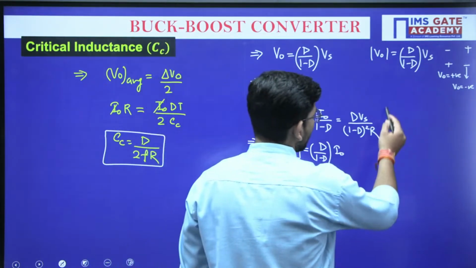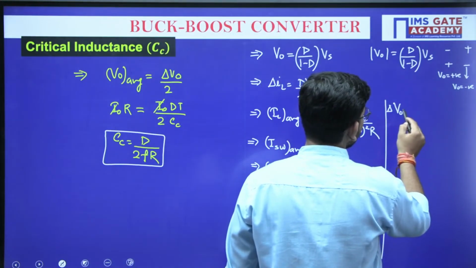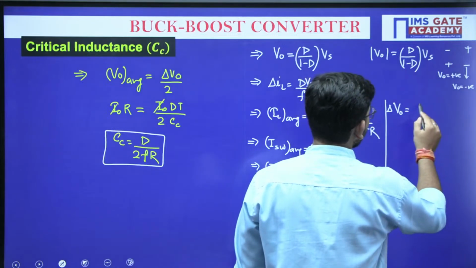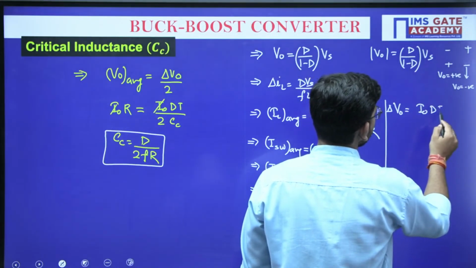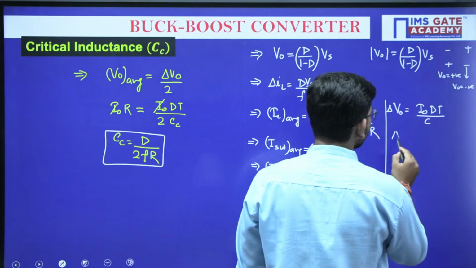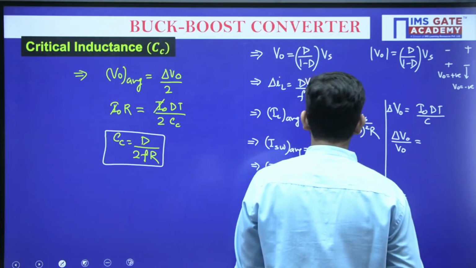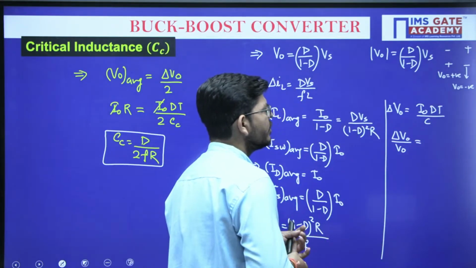And after that, what do we have as voltage ripple? Del V naught. So what is del V naught? It is I naught dt upon C. And if we have to calculate del V naught upon V naught, how much will this become?